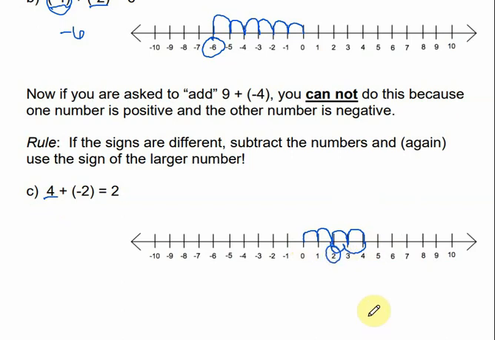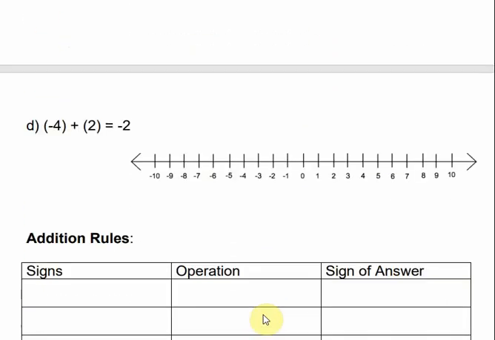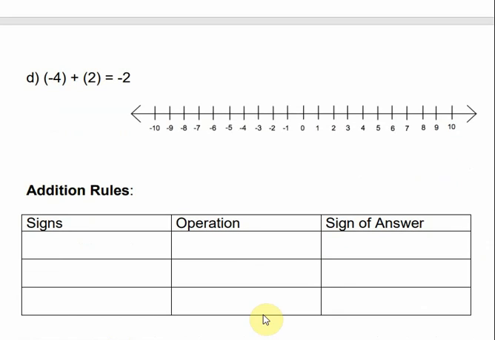All right, so now if we apply those rules, if the signs are different, which they are, we have a positive and a negative, then we subtract the numbers. 4 minus 2 is 2, and we use the sign of the larger number. Since my larger number is positive, my answer is positive. Okay, here we have negative 4 plus 2.